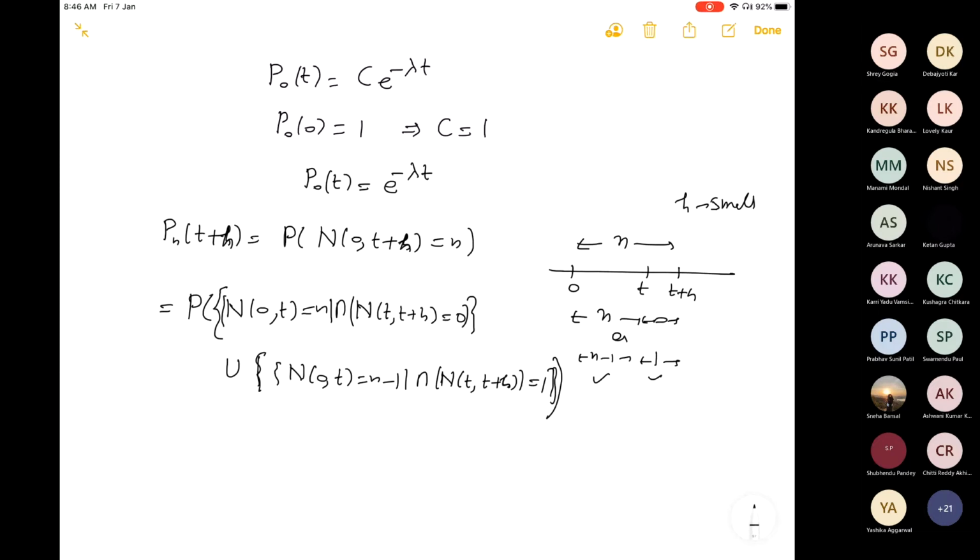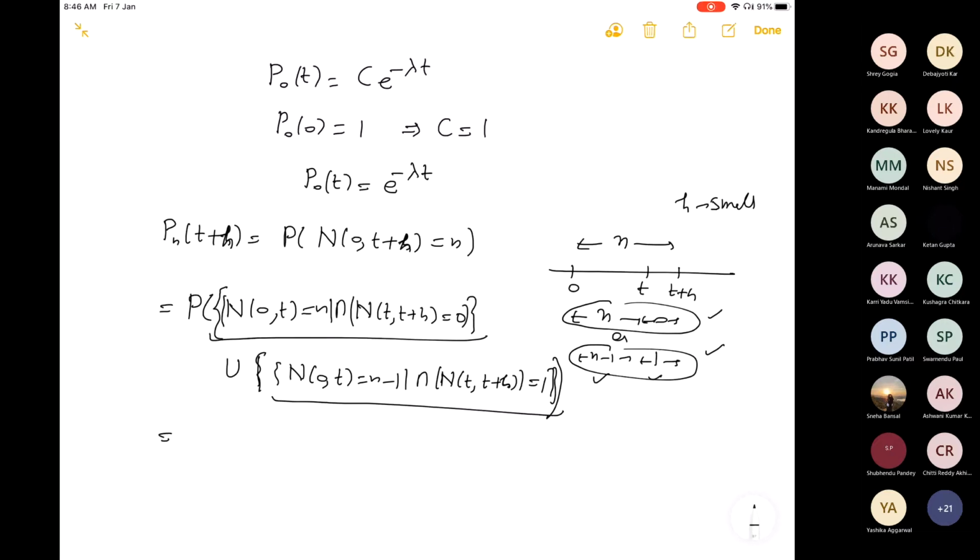So this or this. Because either this can happen or this can happen, both of them are mutually exclusive, nothing is common, so we can write them separately: probability of this plus probability of this.